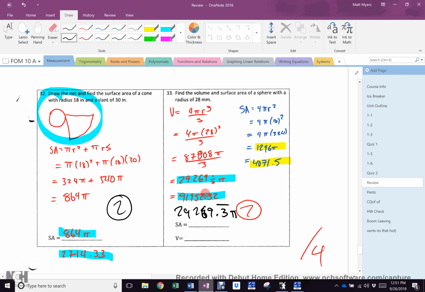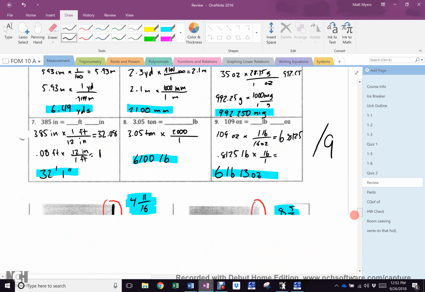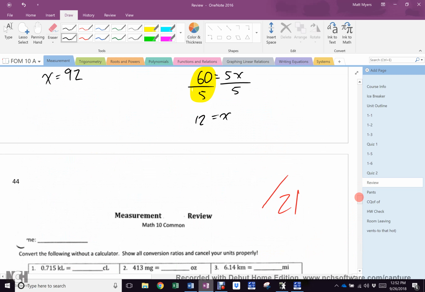I do not care which one of those three. That's volume. See how the V is there? Surface area. I will accept 1,296 pi, or I will accept 4,071.5 pi, making that out of 2, making the whole thing out of 21.